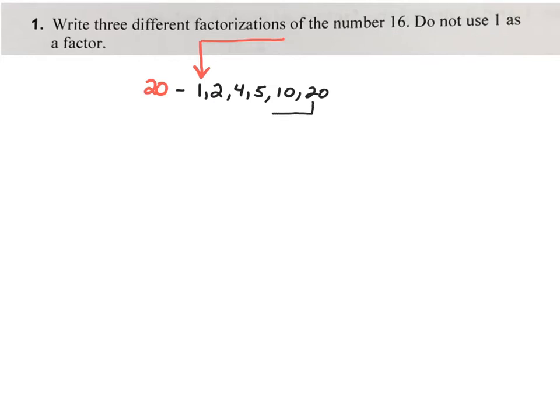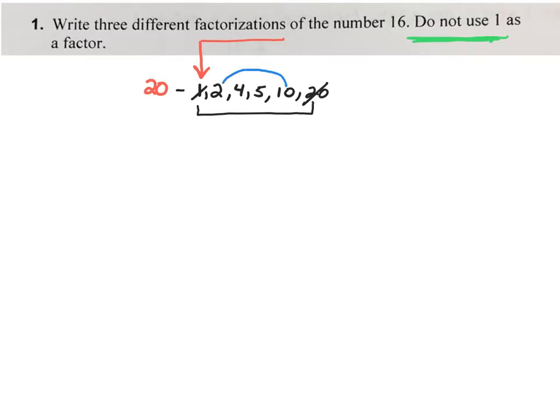So let's just write pairs of factors. Well, 20 and 1. But the direction says do not use 1 as a factor, so we can't use the 20 and the 1. I'm just going to cross those off. So we're left with 10 and 2.